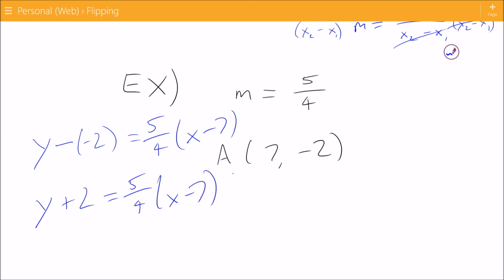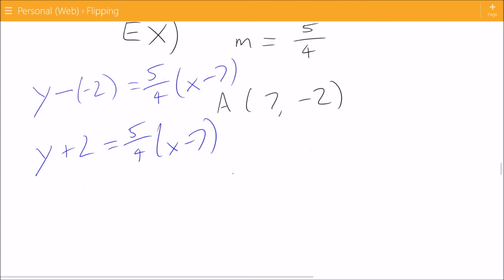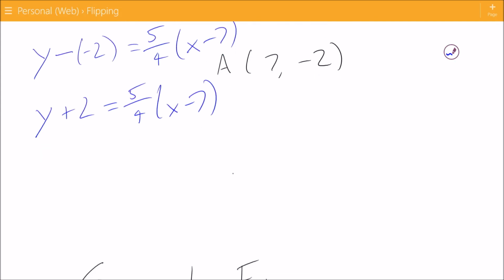This is a linear equation. You may see something like this. If you want to, you can easily transform it into our good old format of y equals mx plus b. In that case, all you would have to do is distribute first on the right.